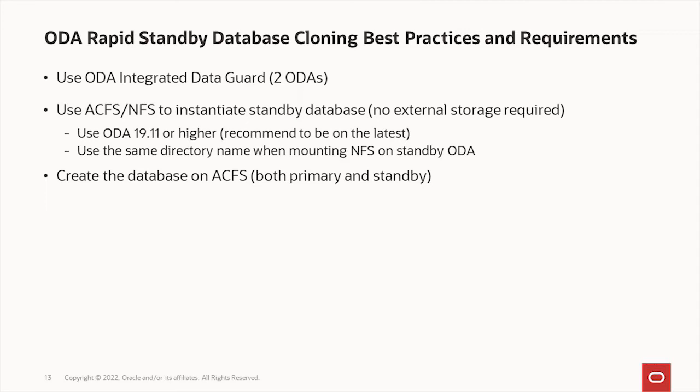But if you don't, we're going to show you the process to just use the target Oracle Database Appliance. We recommend that you use 19.11 or higher. Obviously, we always want you to be on the latest or a couple of releases behind, but no more than that. And use the same directory name when mounting the NFS on the standby ODA. We're going to show you that. So let's go to the demo.